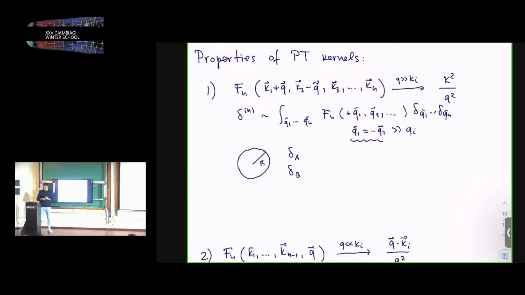Okay? This is very important. So these two fields are identical outside this region, and they're different inside this region, but they're different in a way such that the mass and momentum of this region is always the same.